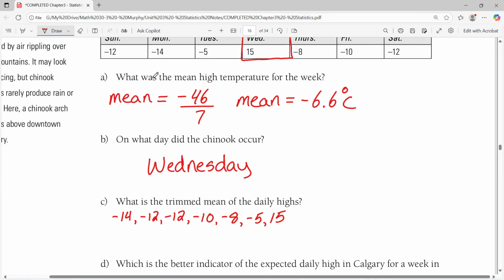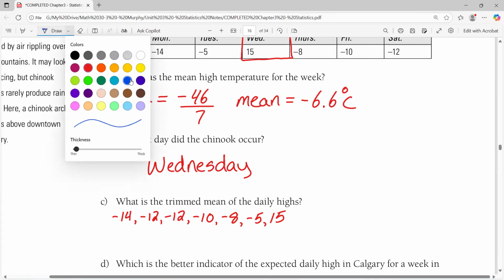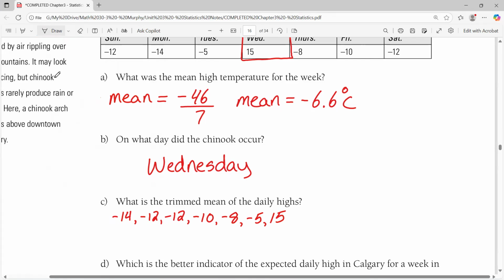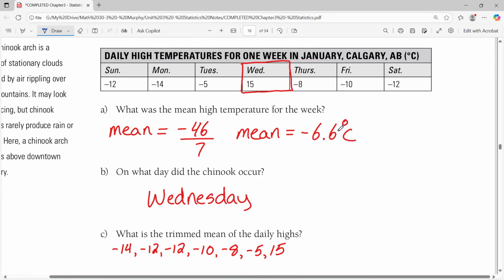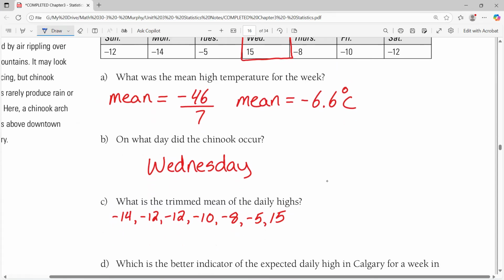Okay, so if we do a trim mean, obviously this 15-degree day is throwing the average off, and we know the average for January is not -6, right? So we will cut that one, and that means we cut -14.